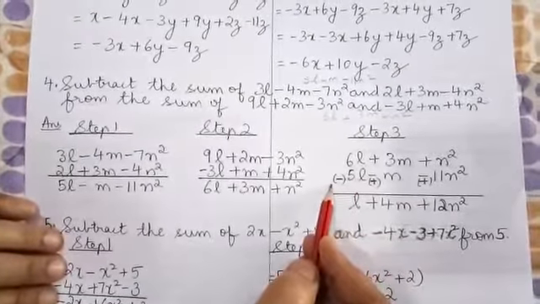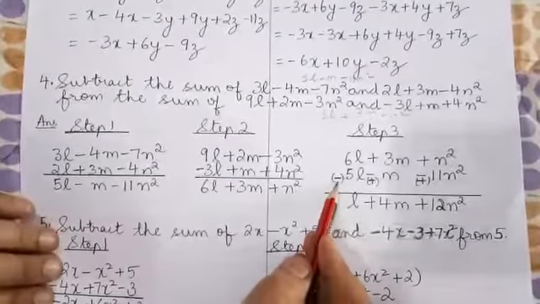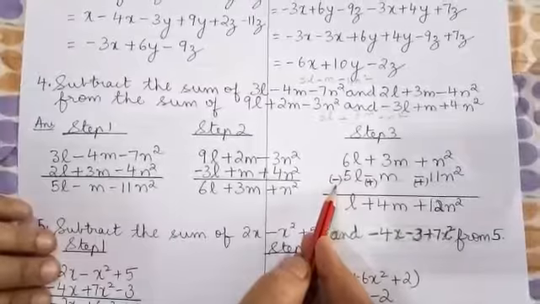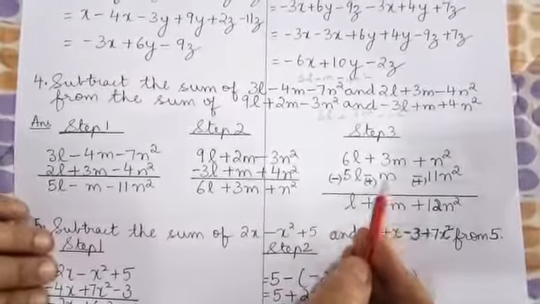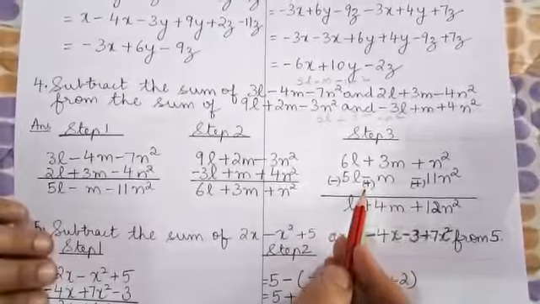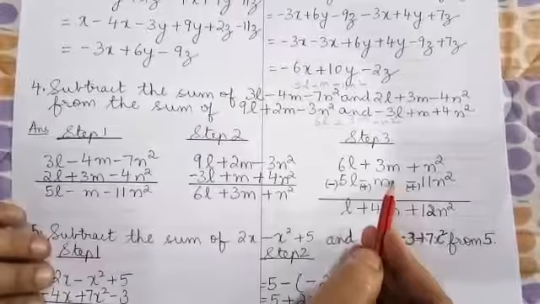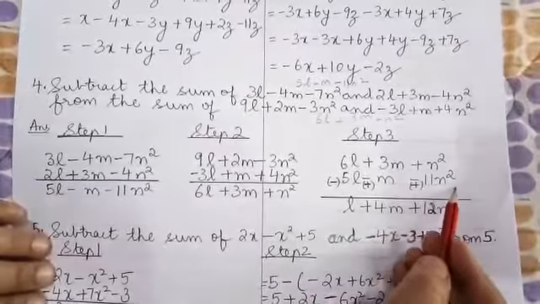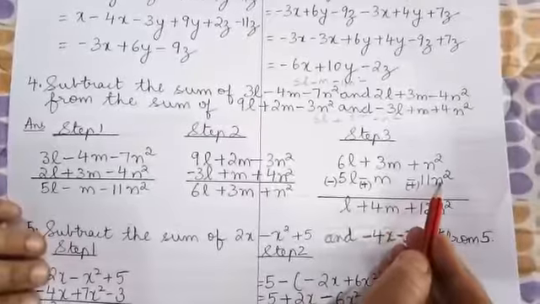Change the sign. Plus 5l becomes minus 5l. The changed sign is shown in the bracket here. Now this is minus m. So minus changes to plus. So now the new sign is plus m. Now this is minus 11n square. Change the sign. Minus becomes plus. So we have plus 11n square.